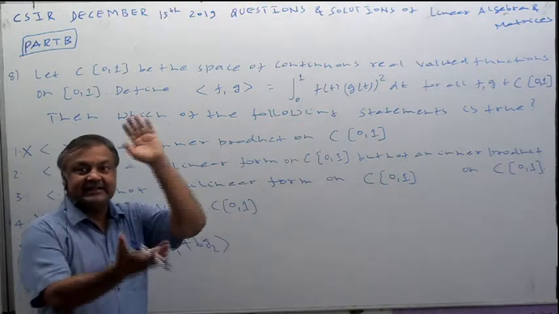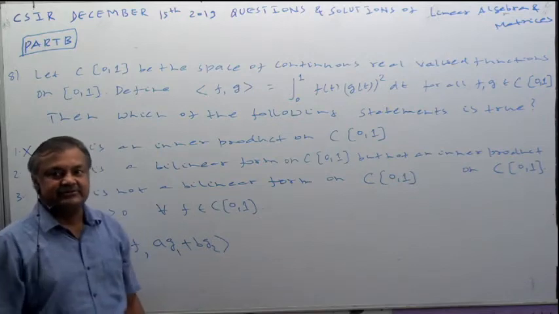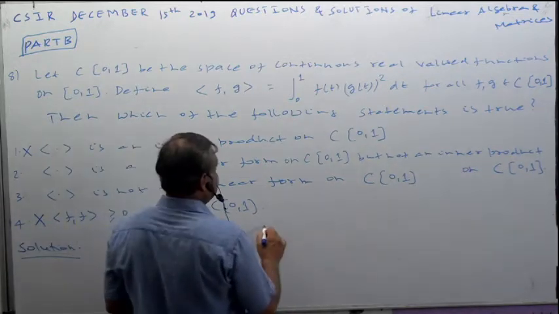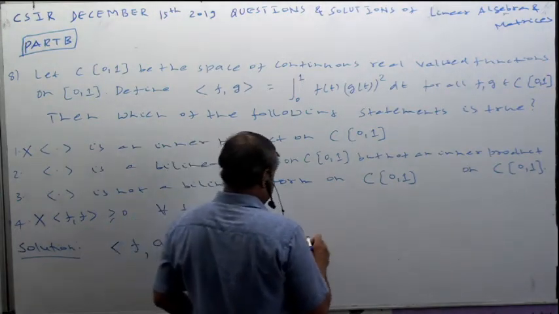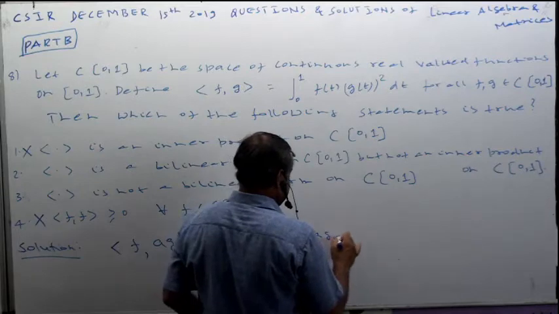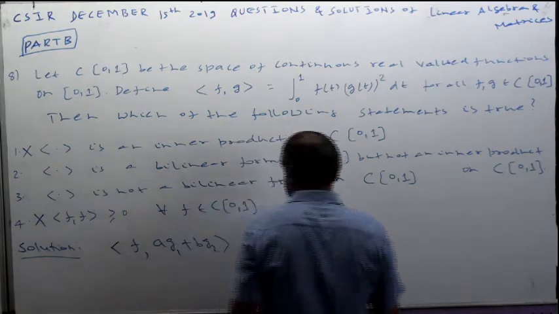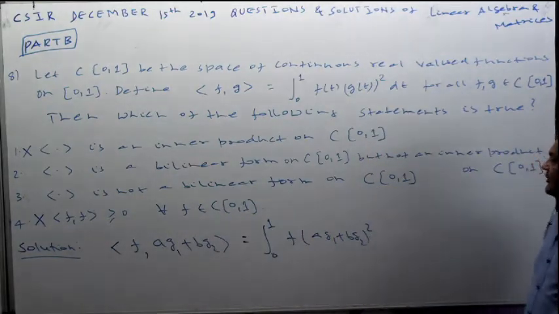From right side it is not linear, it is quadratic. So in examination hall just cancel it. It is not bilinear. Here I am testing it. This by the definition will be integral 0 to 1 f into (a g1 plus b g2) whole square. Are you happy? Any doubt?